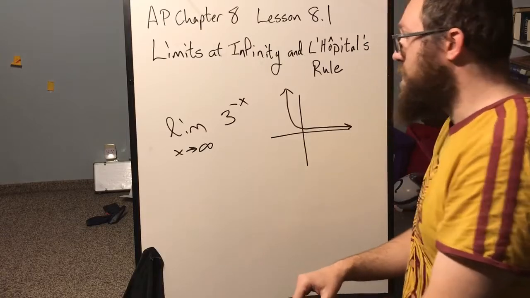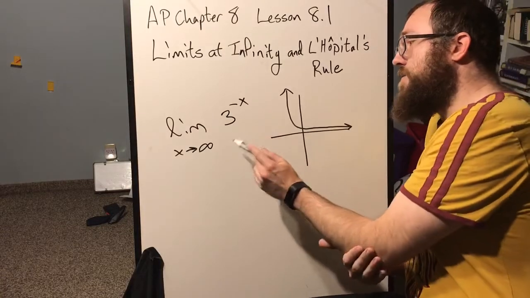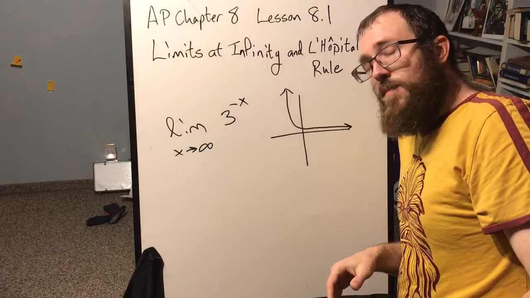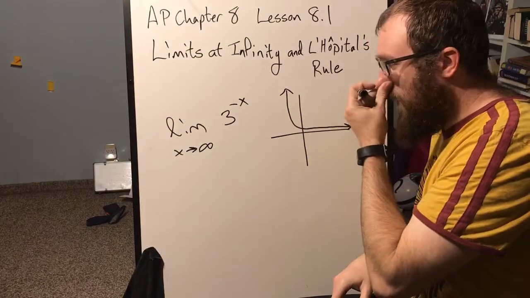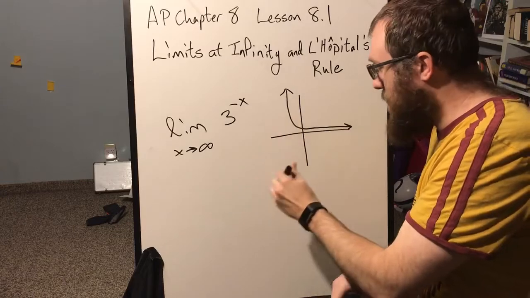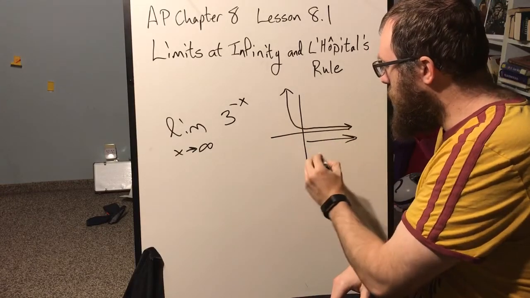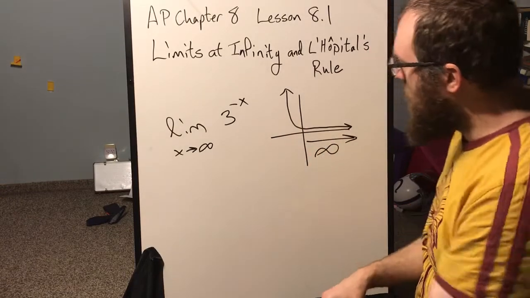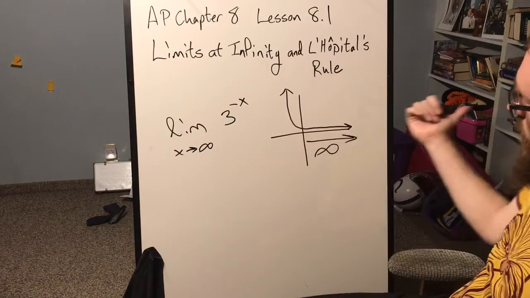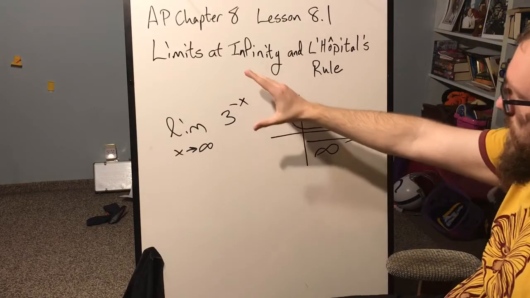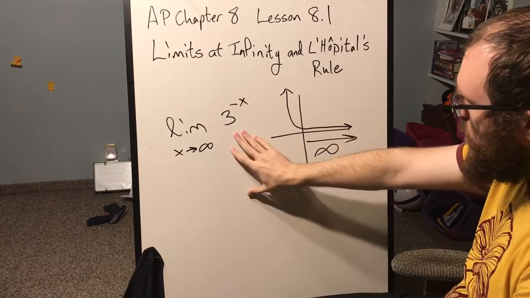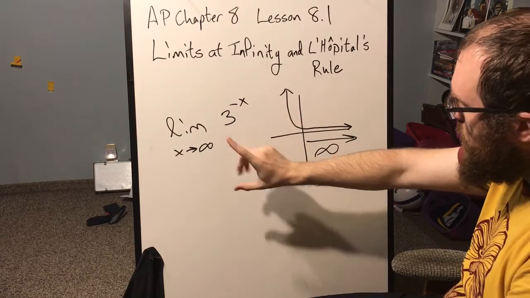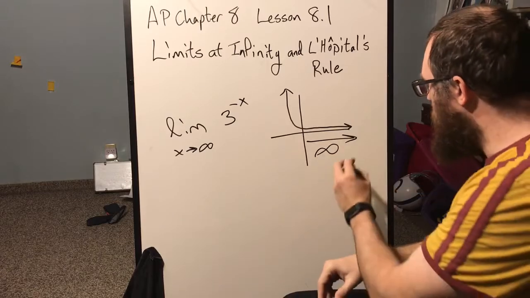And what's happening is this function is shrinking. But it's not shrinking toward negative infinity like we were seeing in the last example. As we move further and further down the line this direction, this is slowly getting sucked smaller and smaller down toward 0.